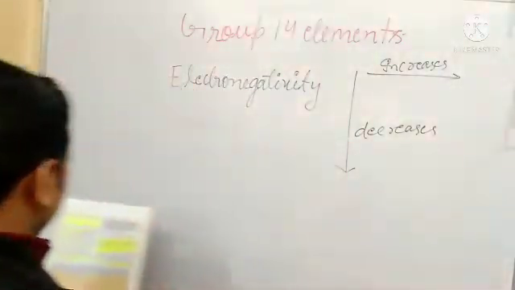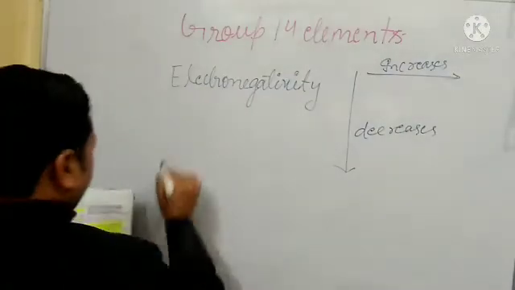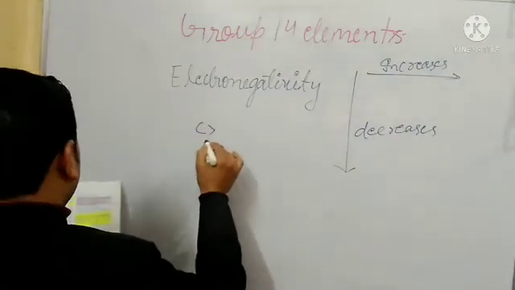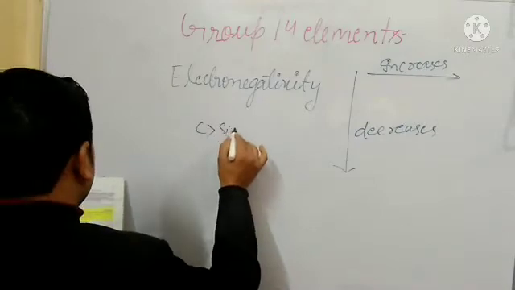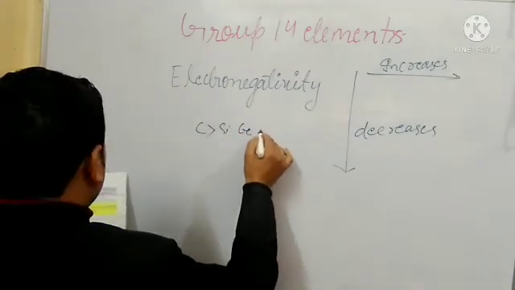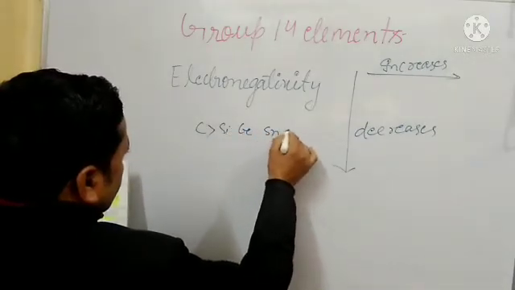So let us see the order of electronegativity: carbon, silicon, germanium, tin, and lead.